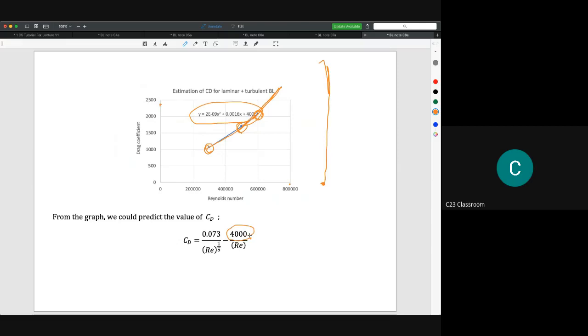So it is okay for you to predict the CD for this situation as 0.073 minus 4,000 over Reynolds number, because the number here is actually just to balance the CD, because the effect of the laminar boundary layer becomes smaller and smaller. So the value of 4,000 will become bigger and bigger.